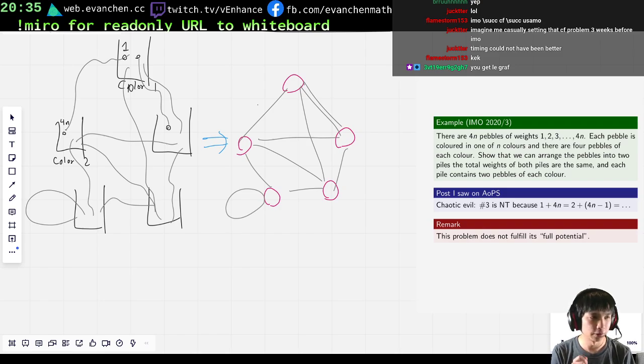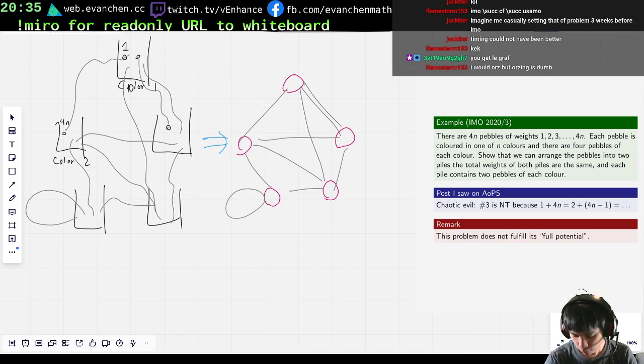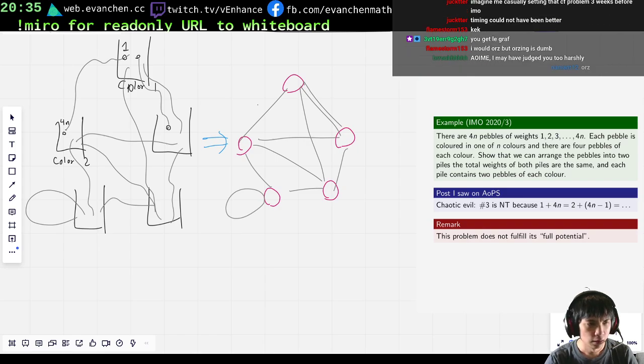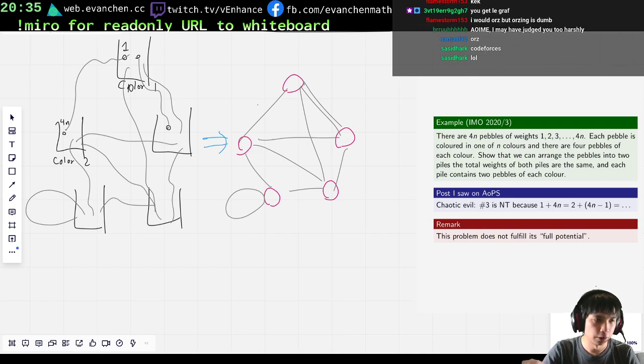That means I want to take the strings and put them into 2 different categories, such that every vertex has 2 strings in one category and 2 strings in the other. So I'm now going to repurpose the word color.